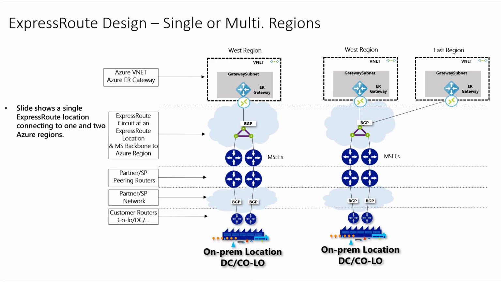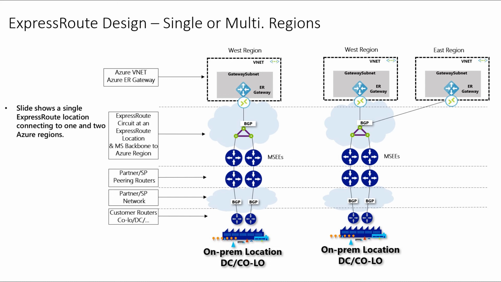Okay, so it's time for us to look at different use cases and reference architectures. So with that, let me start with single or multi-region. This slide, or I would say this use case, represents a single ExpressRoute location connecting to one or two Azure regions. Okay.